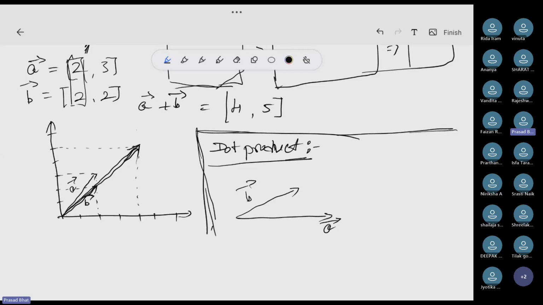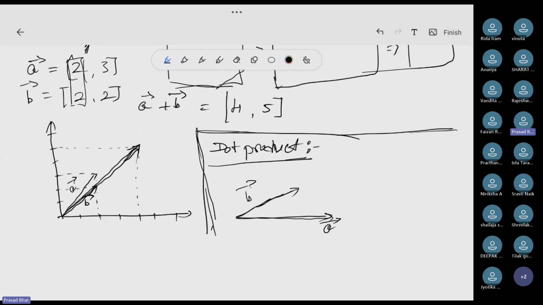Okay. So a dot product essentially tells you the similarity between two vectors. How do you measure it in real time? The intuitive idea that people give is, say for example, I have two vectors like this. A is in this direction, B is something like this.